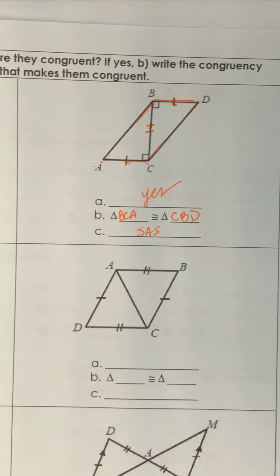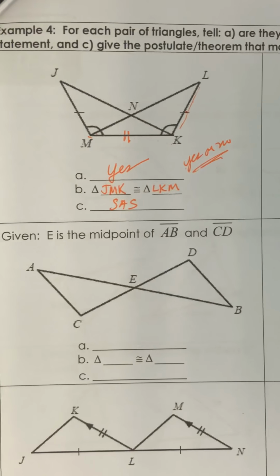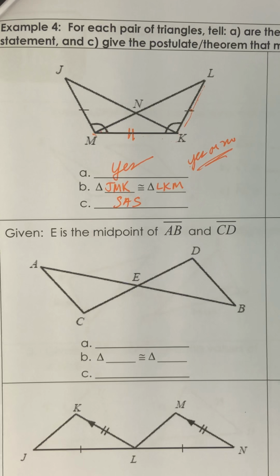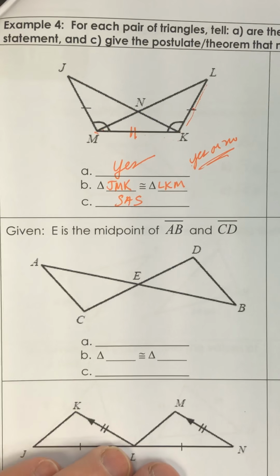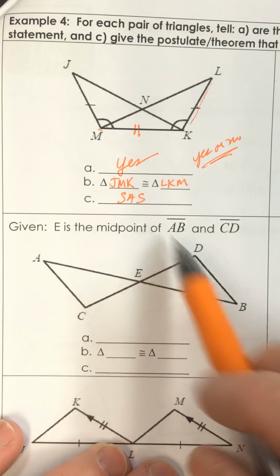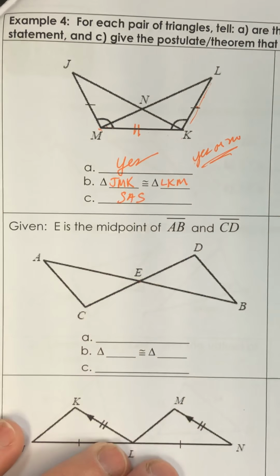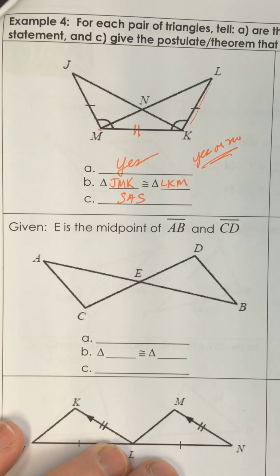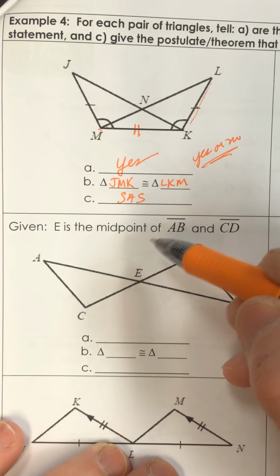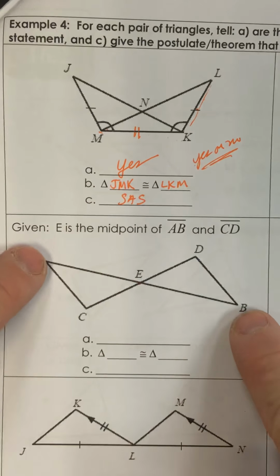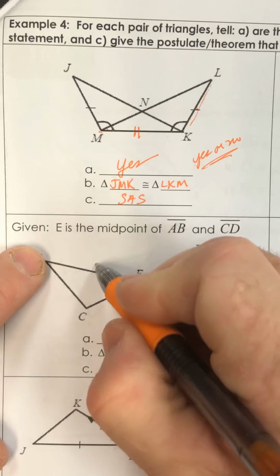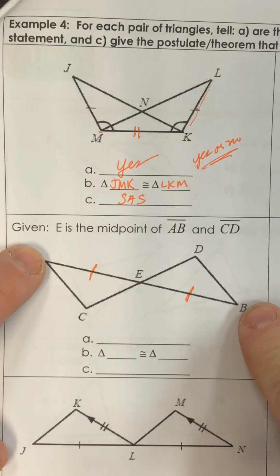Okay, let's go next, left to right. What do we got here? It says E is the midpoint. If E is the midpoint, that means we have congruent segments. If E is the midpoint of A to B, this side would be congruent to this side, because of the midpoint.